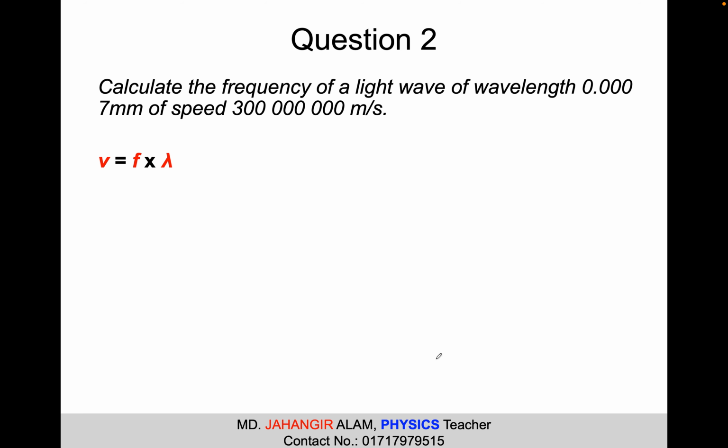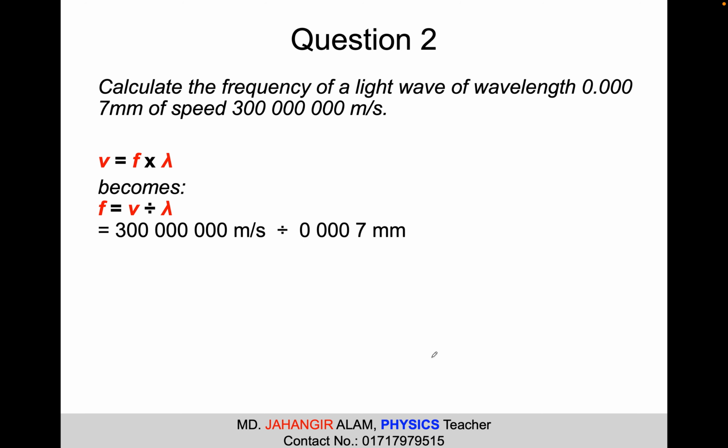We know the wave equation v equals f times lambda. Here v is the speed of the electromagnetic wave, f is the frequency and lambda is the wavelength. So f equals v divided by lambda.